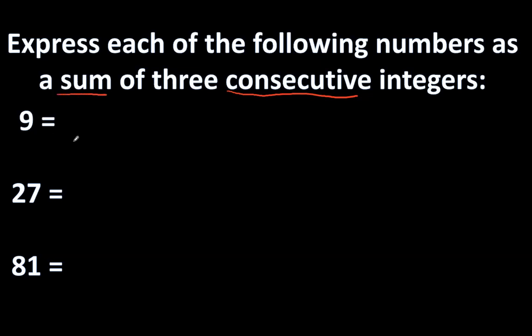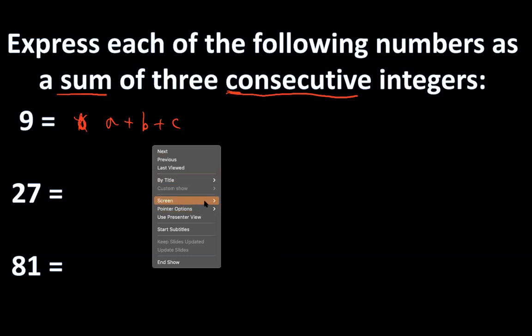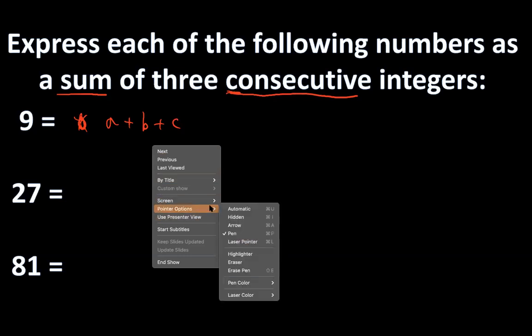So for 9, for example, we're looking for some number plus some other number plus some other number, right? That's what we're looking for. The condition is they need to be consecutive integers. So take a minute to think. And then Connor, in about 30 seconds, if you've got any interesting ones, I'll let you call on someone.